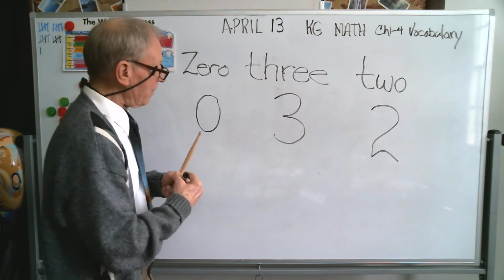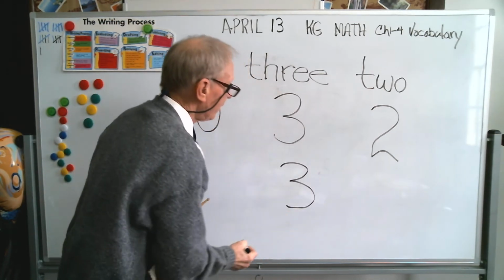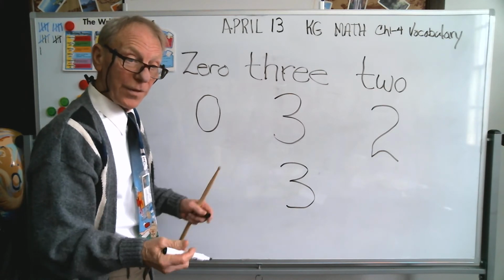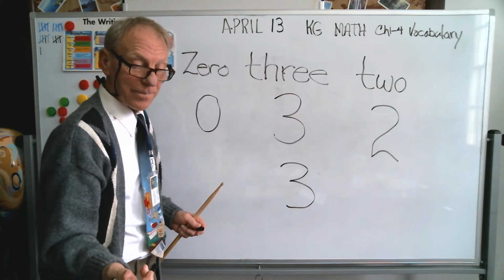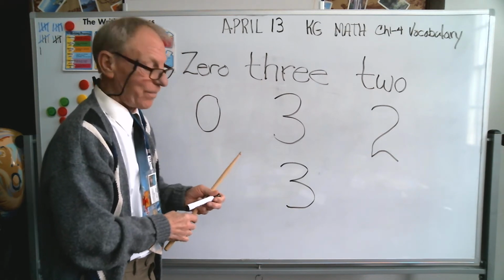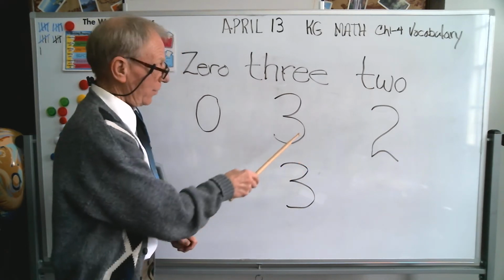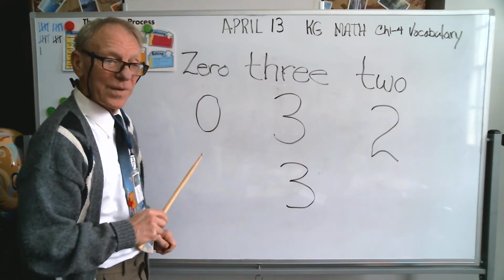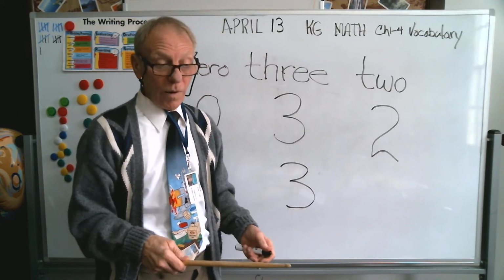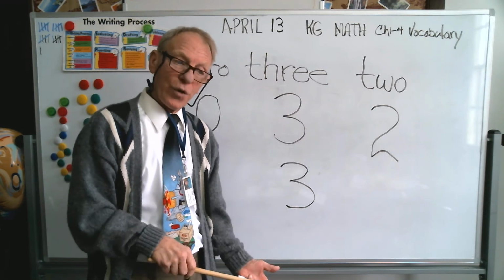But if I was to make another 3, those two numbers match. They are the same. The next vocabulary word is more. 3 is more than 2. 3 is also more than 0. There's so many words that kind of mean the same thing. More, greater, less, fewer.